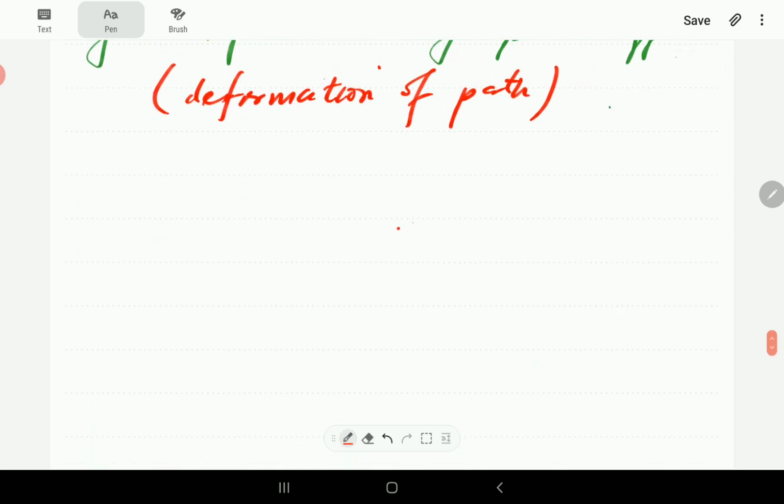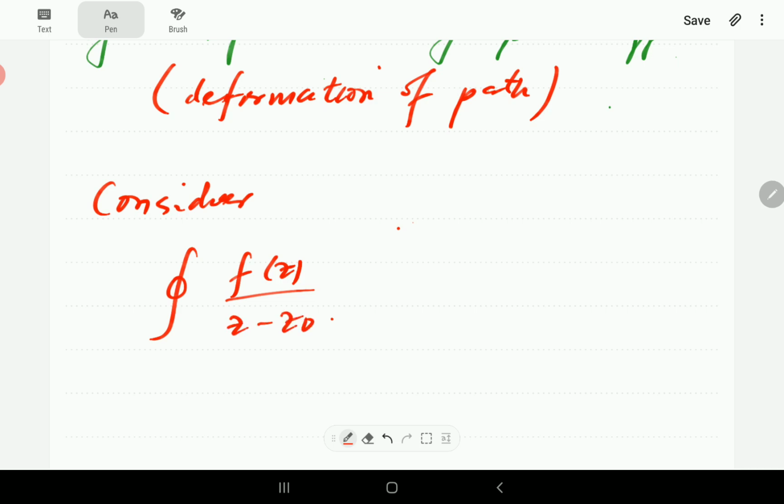Okay, so what we're going to do is consider the integral along a circle around the singular point, z naught. So for the left hand side we got the integral of f of z over z minus z naught dz along C.